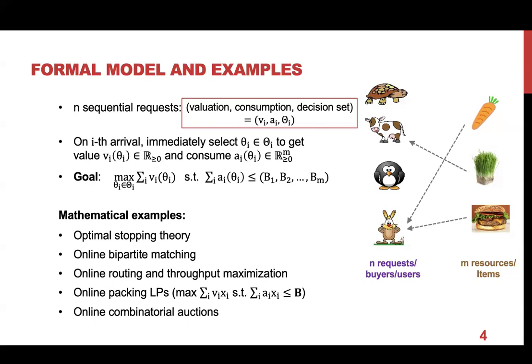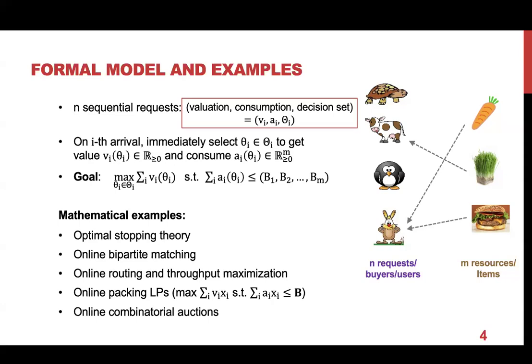Auctions, combinatorial auctions, where these requests represent bidders arriving one by one. They are interested in a subset of items. You want to allocate them. Again, a very big industry with lots of real world applications and lots of theoretical problems. So these are just a small list, but hopefully all of you are interested in at least one of these applications: stopping theory, bipartite matching, routing, network design, packing LPs, and combinatorial auctions.